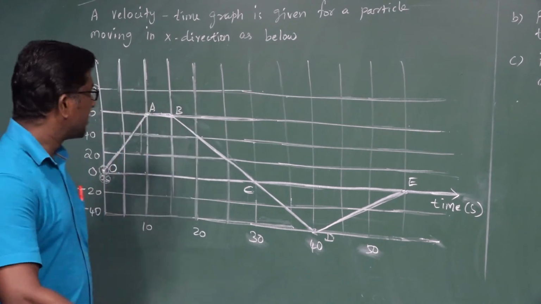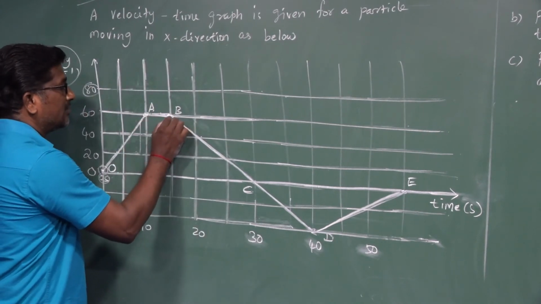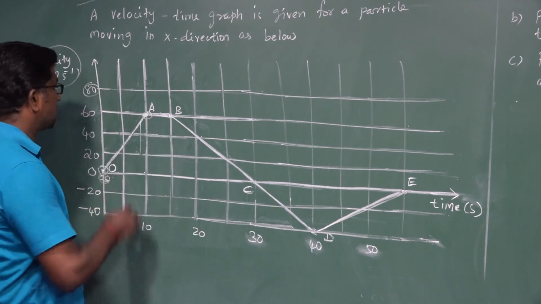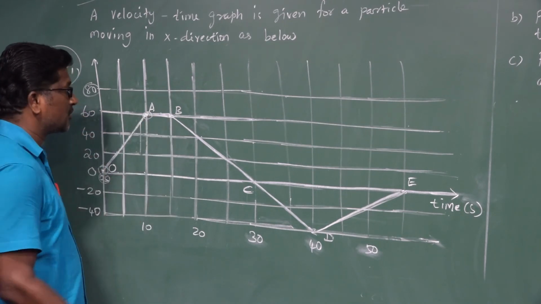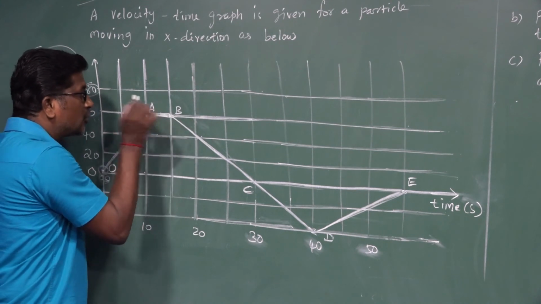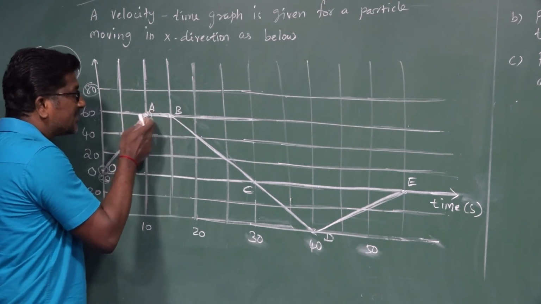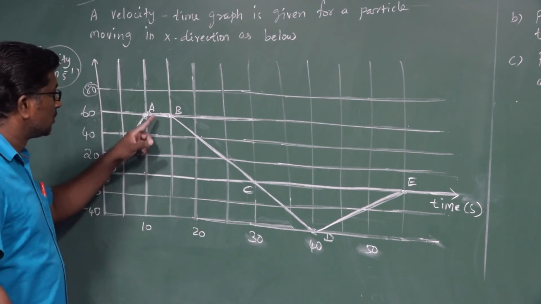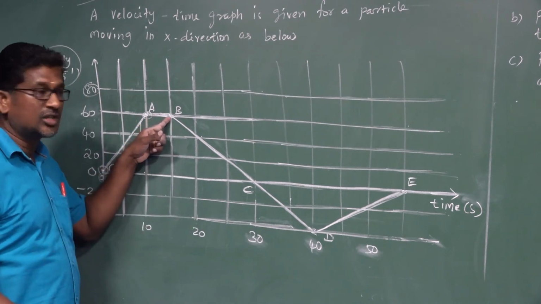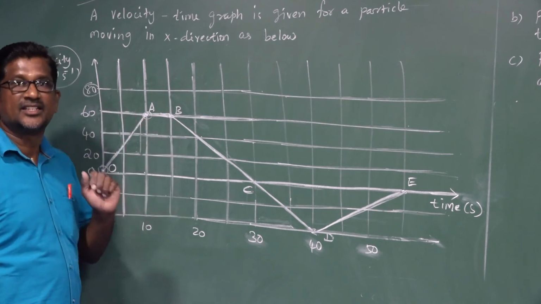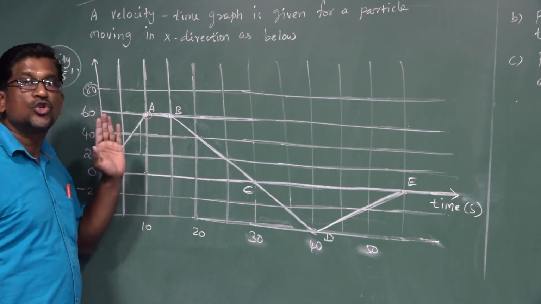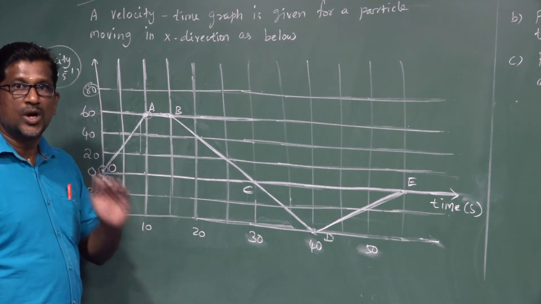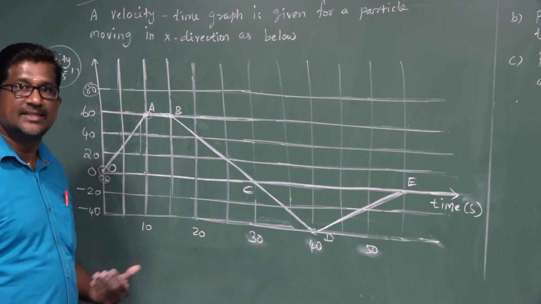Right. Next, A to B. Already I told that at point A the particle velocity is maximum, that is 60 meters second power minus 1. If you go from A to B, the particle velocity remains constant, that is 60 meters second power minus 1. So if the particle velocity is constant, the particle acceleration is 0 because there is no change in velocity. The particle experiences acceleration only if its velocity changes.